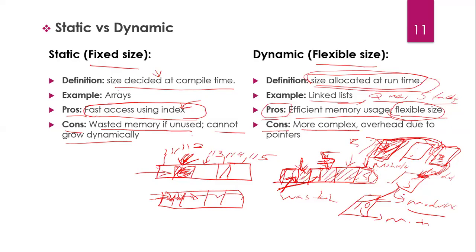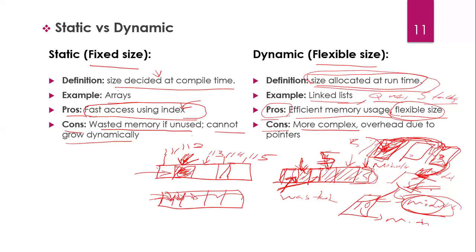But here, can you access this page directly? No, because you don't know exactly where module 3 is. So you have to go to the first page, and from here to the third page, and after this again to the fifth page. Then only you can decide, this is my third module.